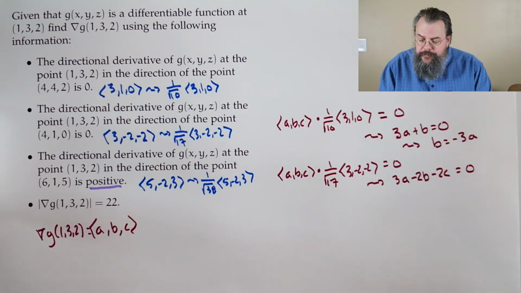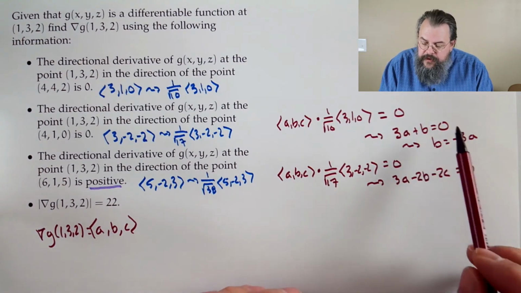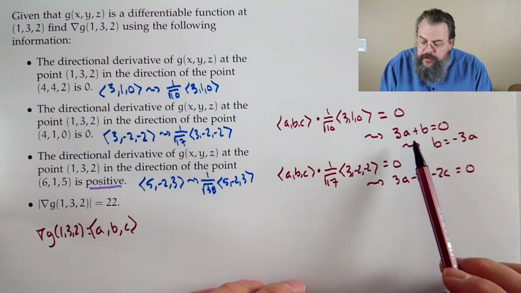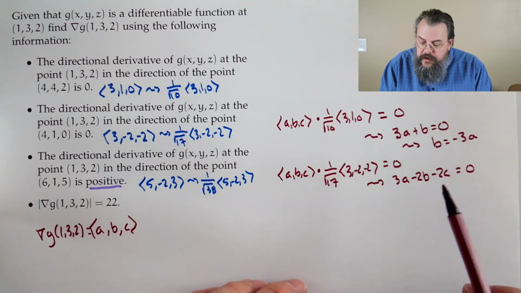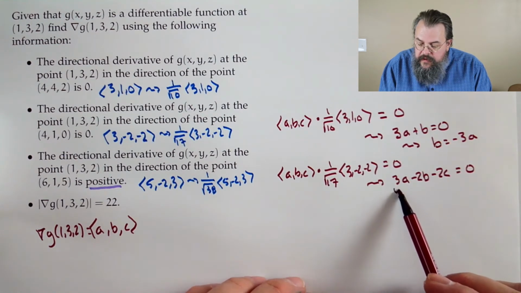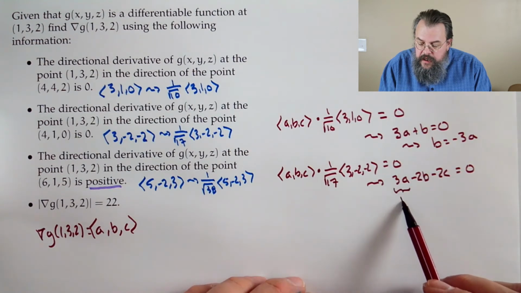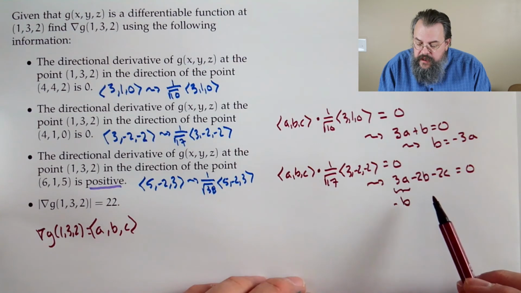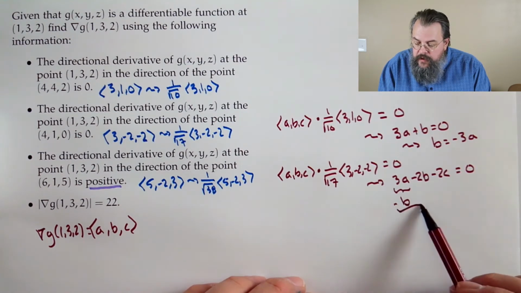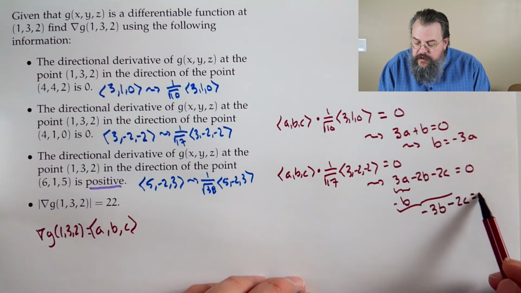But wait a second. We actually know things, right? We have some relationships. For example, 3a plus b equals 0. So that says this thing right here, this 3a, it's really the same as negative b, because 3a equals minus b. So we could say this says minus 3b minus 2c equals 0.